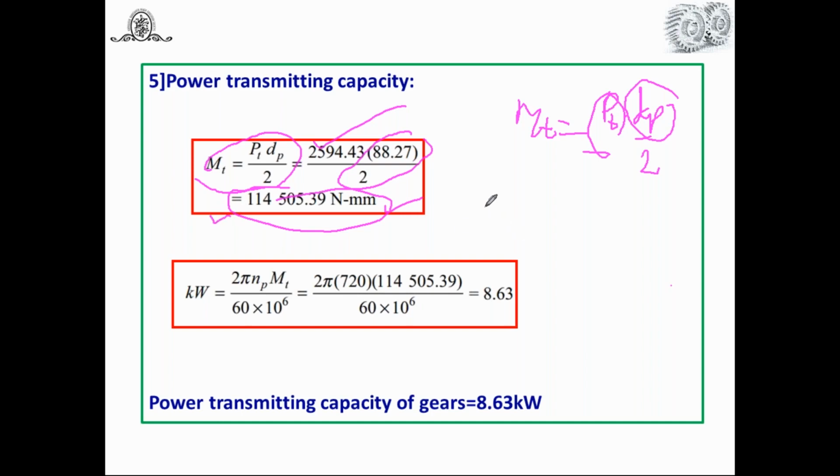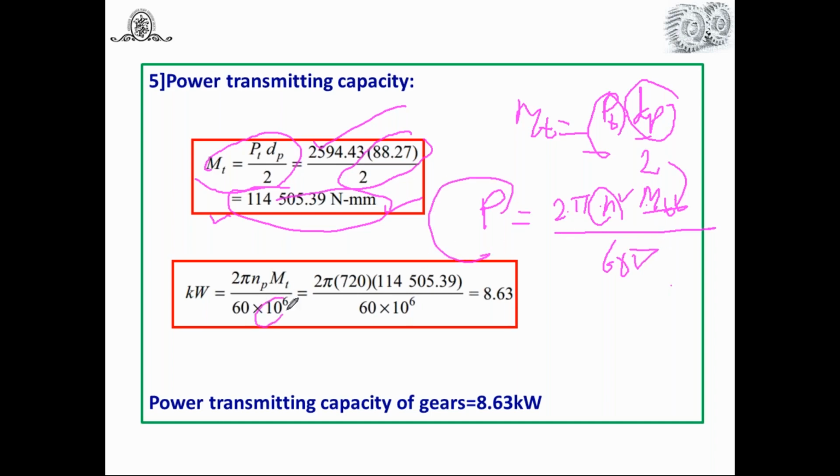Once you have the torque MT, you know the very simple equation: Power = 2 π N MT / 60. You can substitute MT, and NP, the pinion rotation speed, over 60, and you will get the power. Here we are dividing by 10^6, which means you get the power directly in kilowatts.